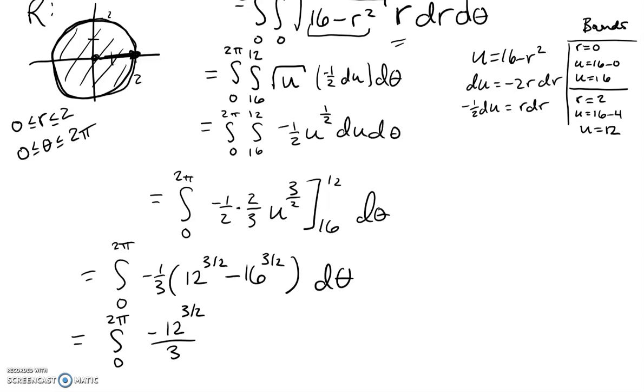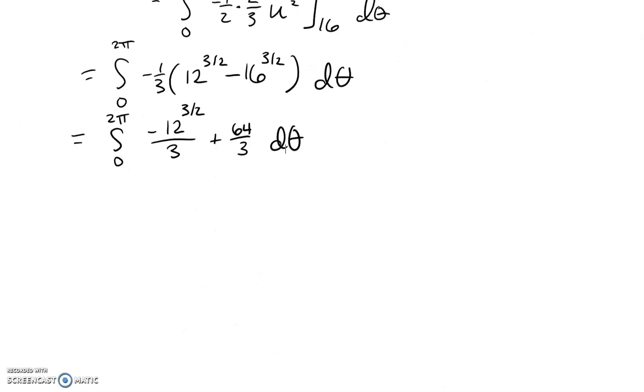And then taking a look at these then, 16 though, the square root of 16 is 4. So then we really have 4 cubed, which is 64. So we would have plus 64 over 3 d theta. If we take a look at it though, all of that together is still just a constant.